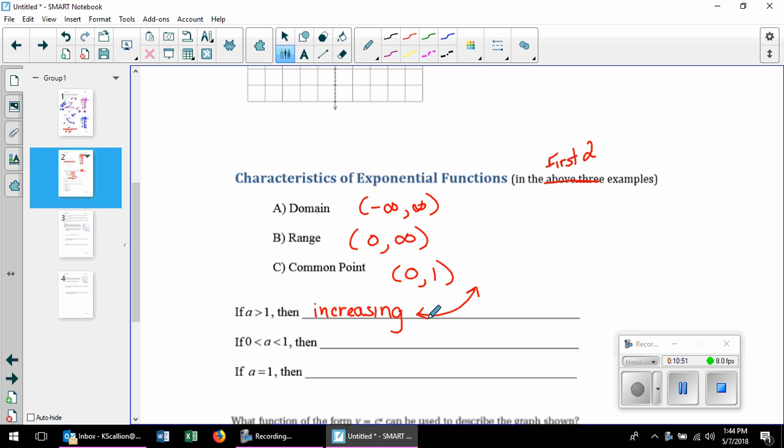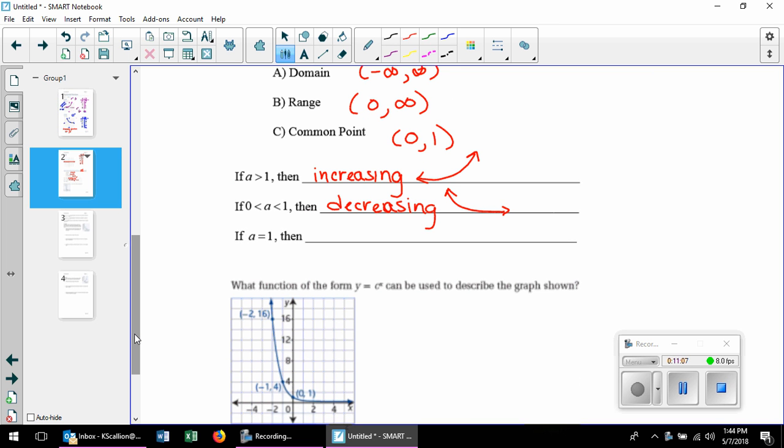And if A is that fraction between 0 and 1, it's going to be decreasing. Just like fill in the blank notes. Remember when that was a big thing in elementary? And if A is equal to 1, what do we call that? Constant function.